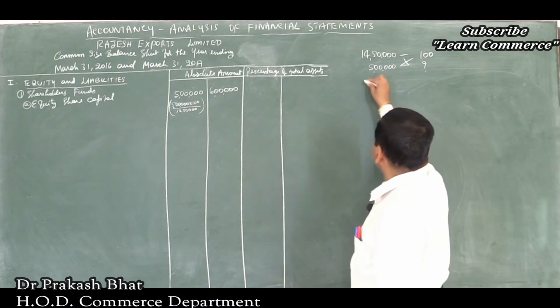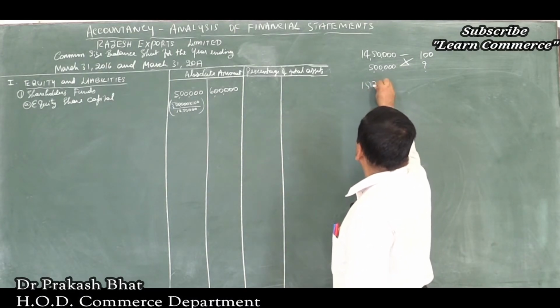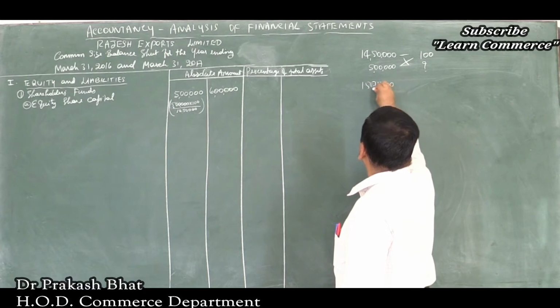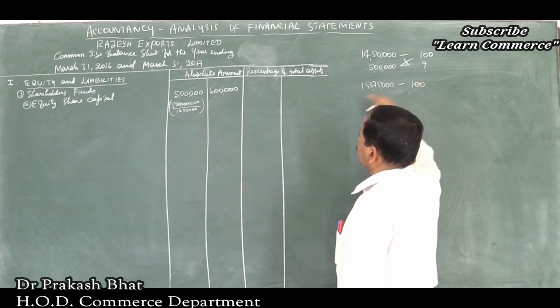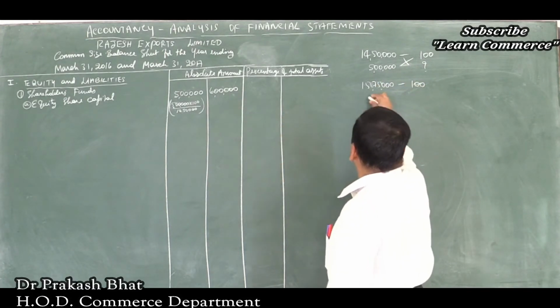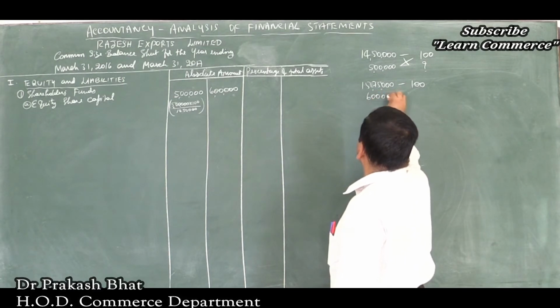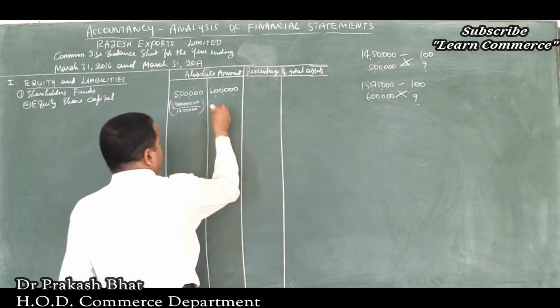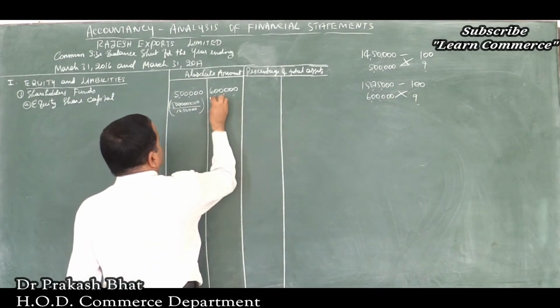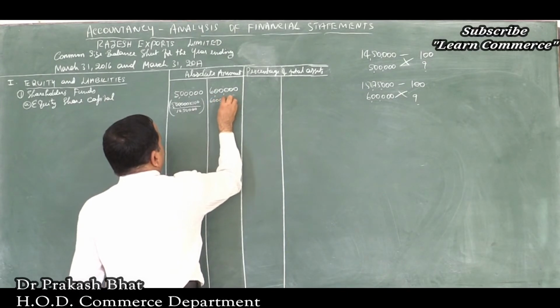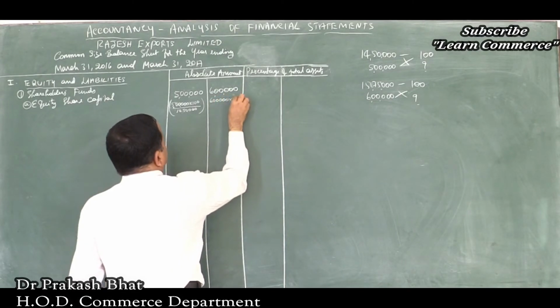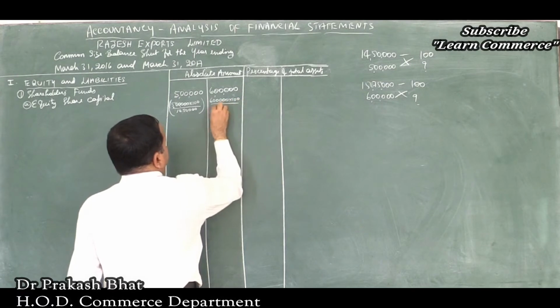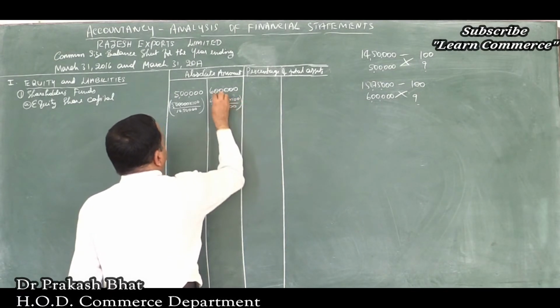So 15 lakh 75,000 is equal to 100. So 6 lakh means how much? That is what we will do here. So what you will do is 6 lakh into 100 divided by 15 lakh 75,000.